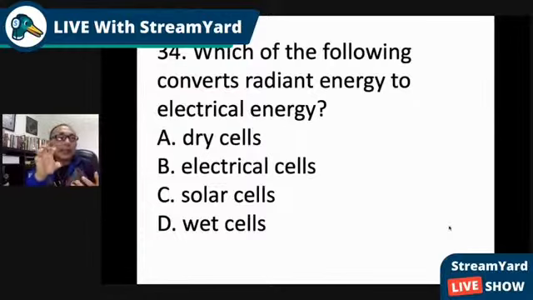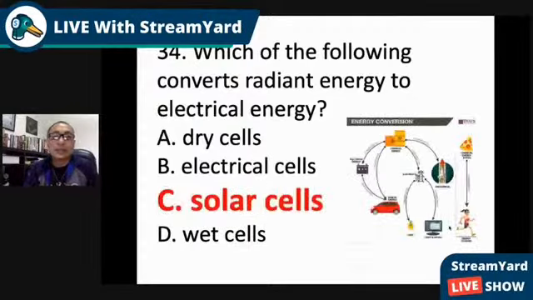So it's not possible to go mechanical directly to solar or solar to mechanical, and the same thing with mechanical to nuclear. There are conversions of energy which can be done directly, but there are others which cannot. It goes through one form first before it goes to another form. Okay, so the answer here is solar cells, correct? Again, energy conversion can happen directly or indirectly.